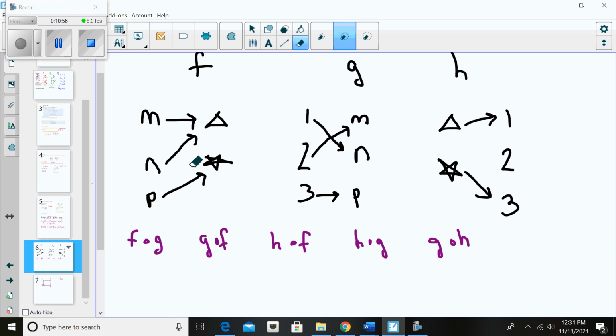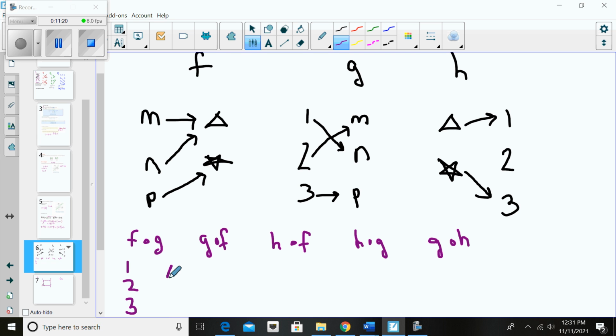Start with G. The domain of G is 1, 2, 3. So 1 maps to N, then I take that answer and I put it into F. Okay? 1 maps to N maps to triangle.